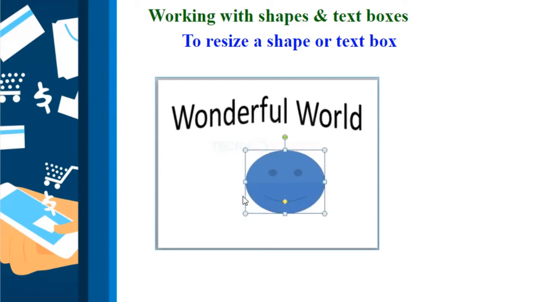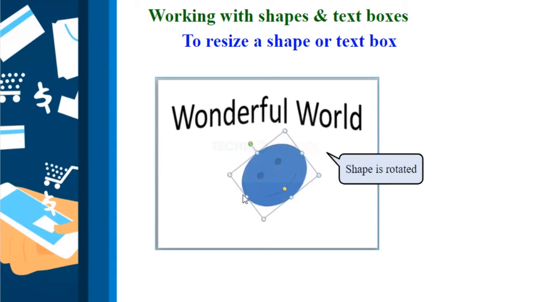To rotate the shape, drag the green handle. Some shapes also have one or more yellow handles that can be used to modify the shape. For example, with this smiley, you can adjust the length of the point.